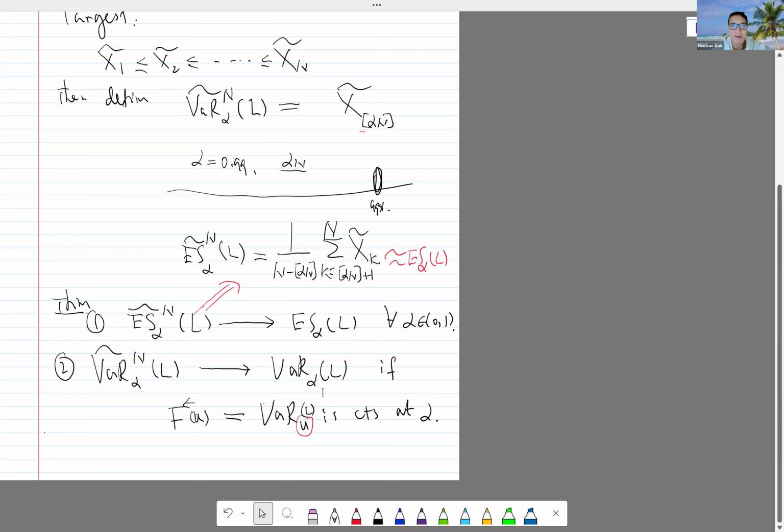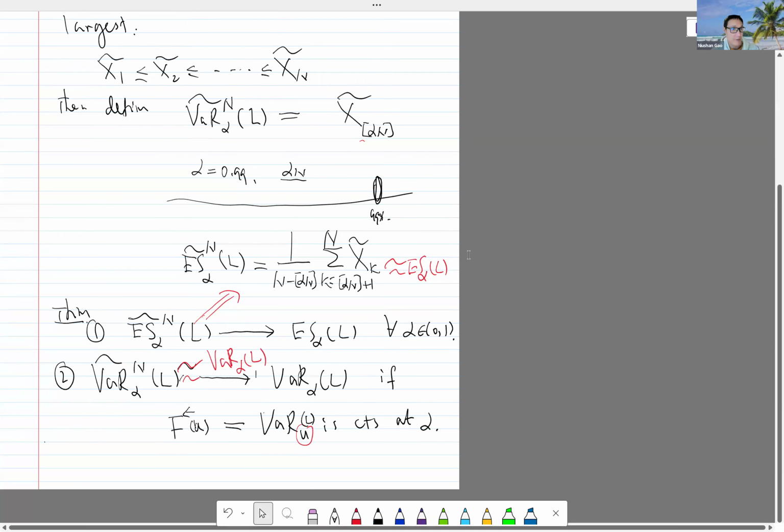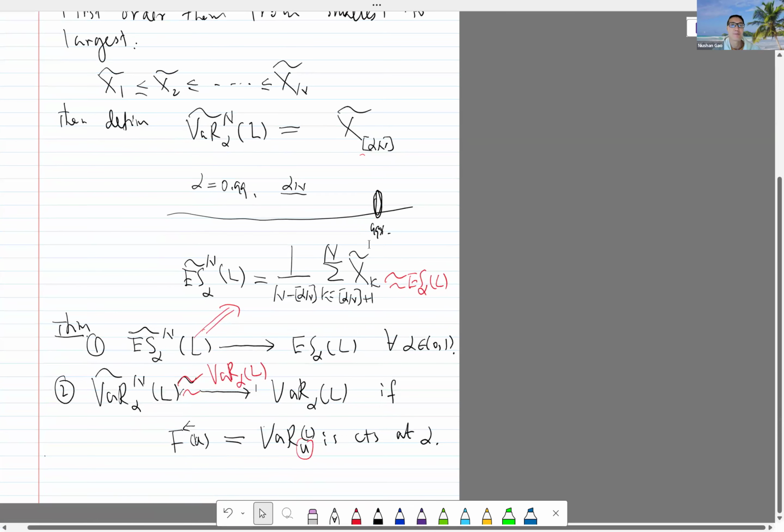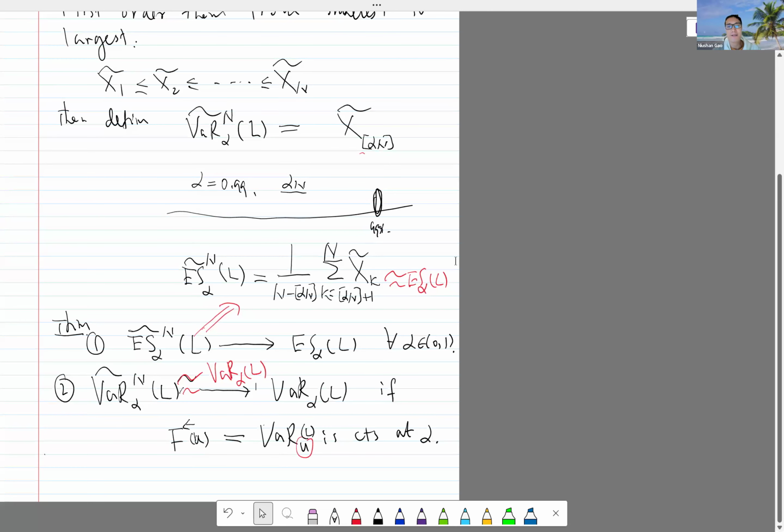Otherwise, it does not. I will give you an example to explain why. Under this condition, the value at risk defined here is approximately equal to the real value at risk. So you can use them to do the estimation. So using data, how do you estimate? As simple as this.